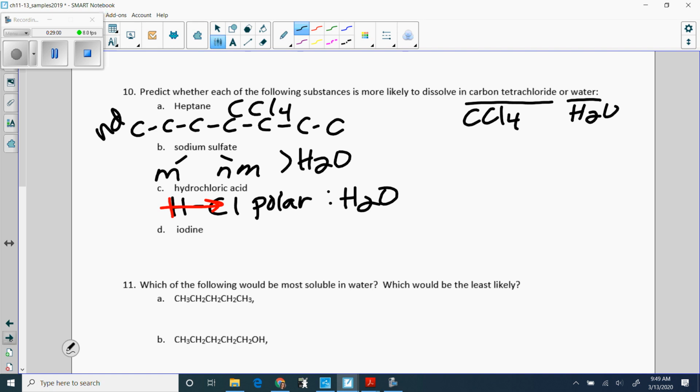Do you get it? You know what? Iodine is going to be this, and that's not going to have a dipole. It's symmetrical. So that's going to be no dipole, and that's carbon tetrachloride.